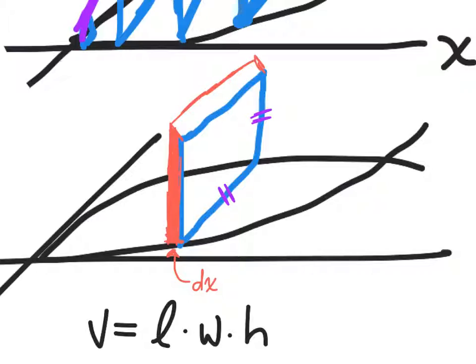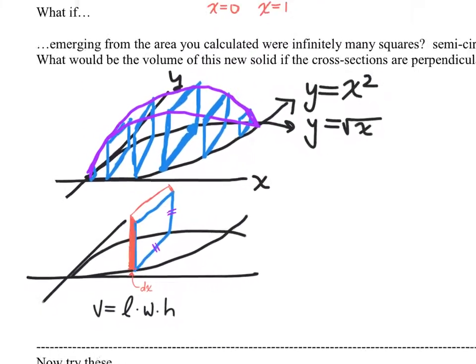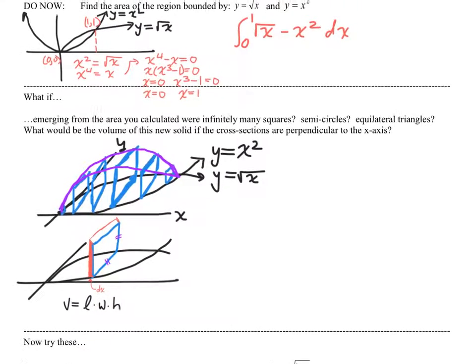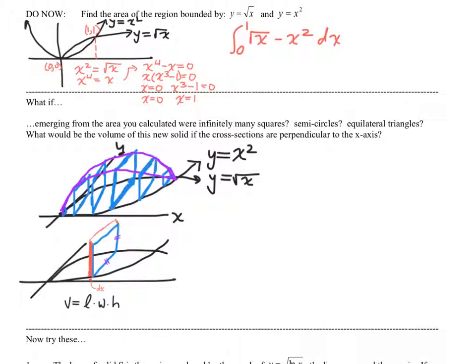Now, if you go back to what we did in the do now, mere moments ago, yesterday, we're looking at it in two dimensions. If I wanted to find the distance between these two curves, what would I do? If I wanted to find the vertical distance between those two curves, it's not that complicated.